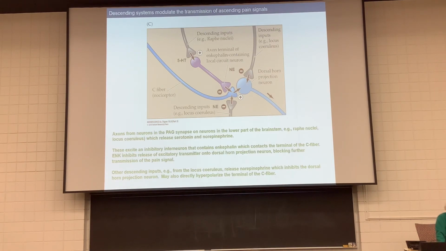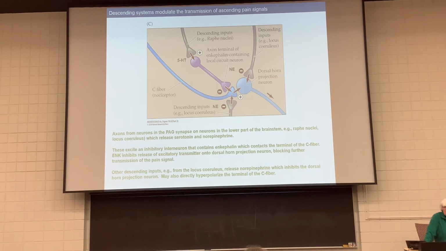Okay, so again, here's our dorsal horn neuron that's sending the pain signal up to the cortex. Here's our C fiber coming in and activating the dorsal horn neuron. Here's that axon coming down from the raphe. And it releases serotonin, which activates, again, an interneuron, and that interneuron synapses on the terminal of the C fiber.